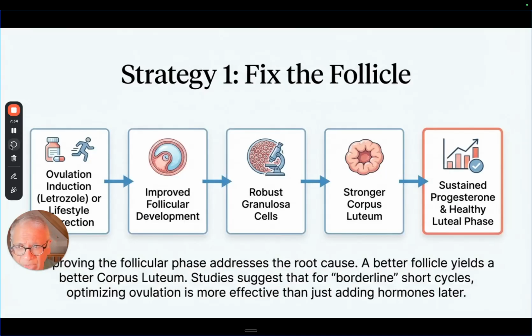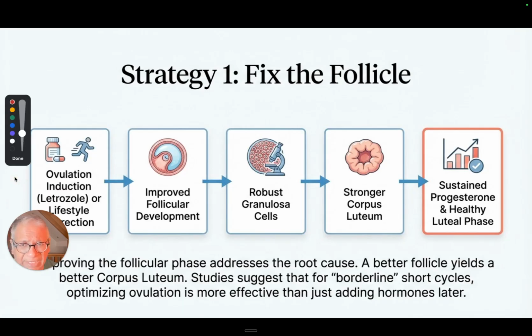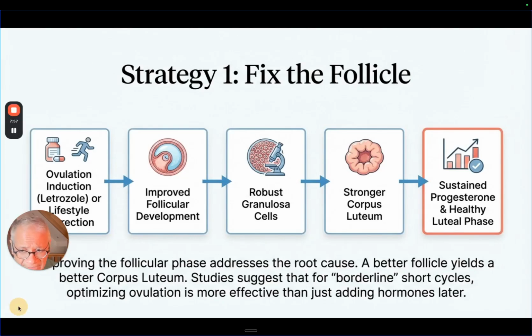Otherwise, you can keep on spending time trying to diagnose it. The simple way is improved follicular development. What does that do? Improves the number of granulosa cells. That creates a stronger corpus luteum. That creates a sustained progesterone. Even if things then change, it's more likely to be the endometrium.